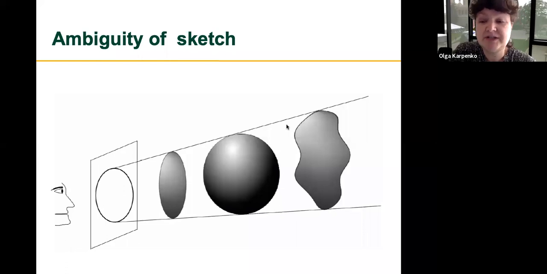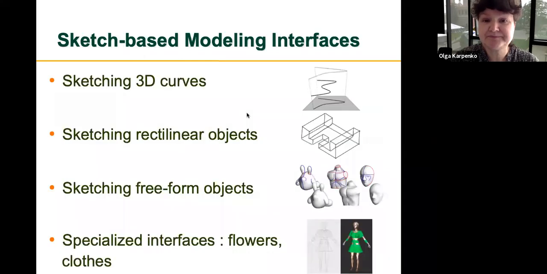We just need to give something reasonable, and maybe allow the user to later edit it, maybe from a different point of view. That's not done in any of the systems that I'm presenting today, but there's definitely work that allows users to edit shape from different points of view. All right, so that's regarding ambiguity of sketch.